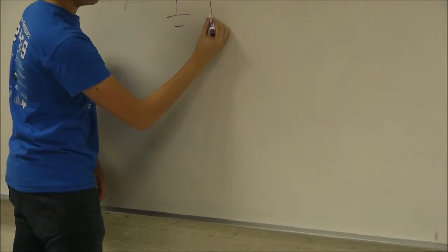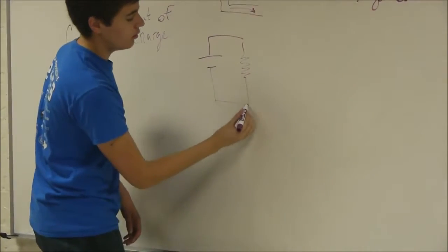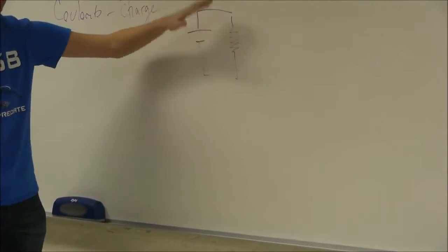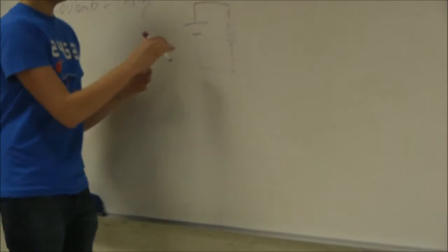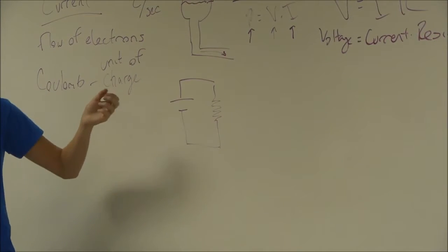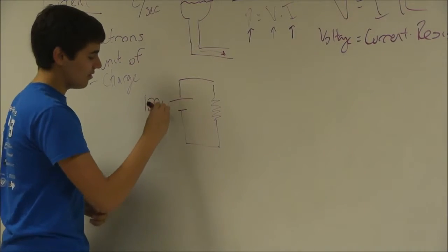And let's say we have a resistor connected to it. So we would call this putting a load across the battery. And so in the circuit, let's see, give me a voltage value for our battery. 100. 100. Very realistic.